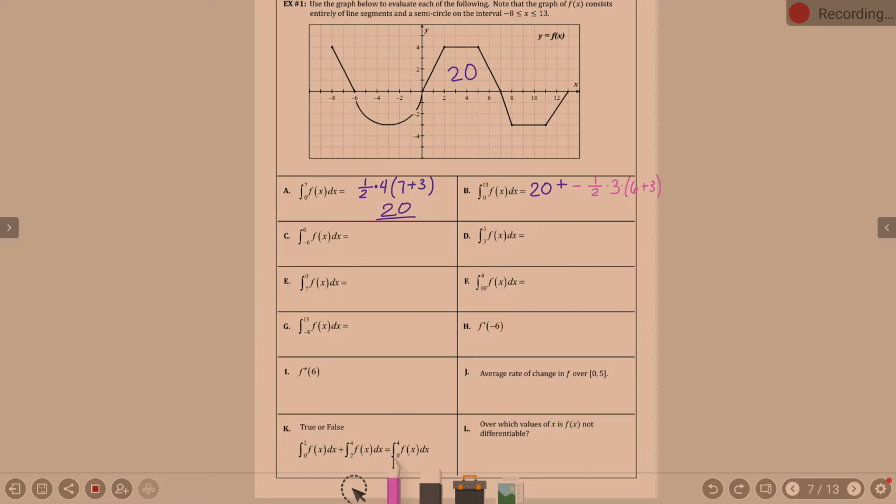Half of 27, 27 halves. Do we want to go fractions or decimals here? 27 halves is 13.5 if you want to go that way. So then you're doing 20 minus 13.5, which is 6.5. Now I am going to go ahead and put up here that that piece was 13.5.